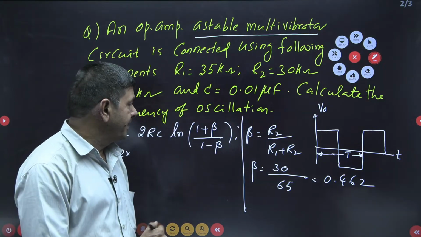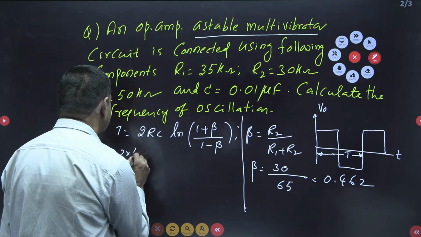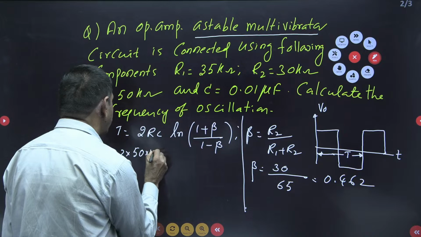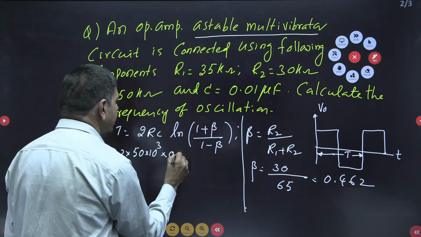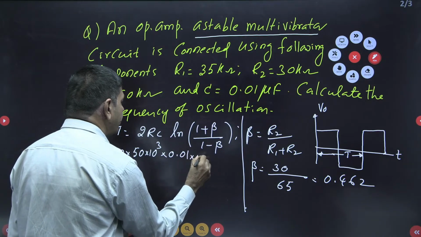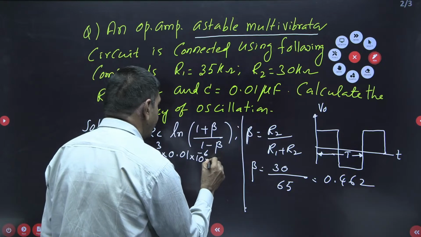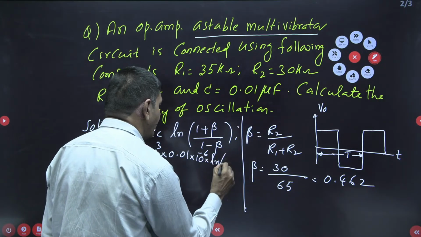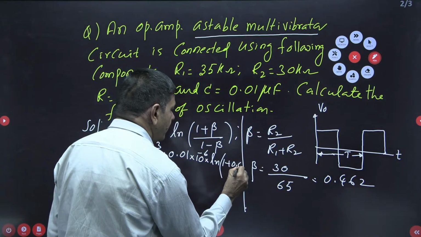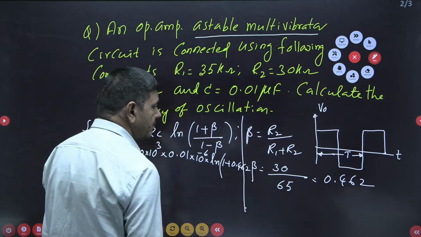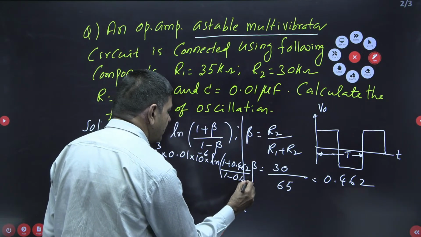By using this beta, you can determine: 2 into the R value given in the problem, 50K, 50 into 10 power 3. The capacitance of the capacitor is given 0.01 micro, 10 power minus 6, into ln, natural log only, of 1 plus beta, beta is nothing but 0.462, divided by 1 minus 0.462.